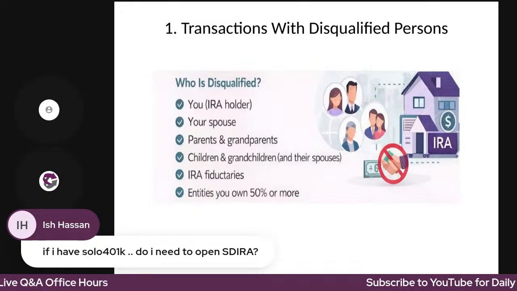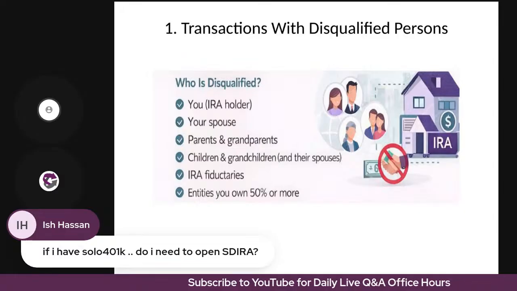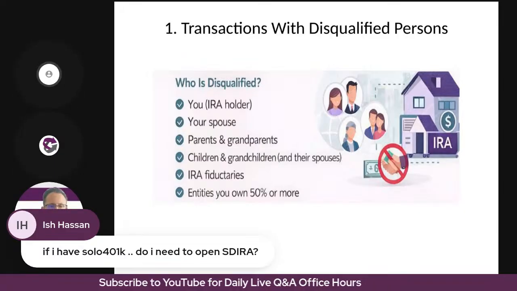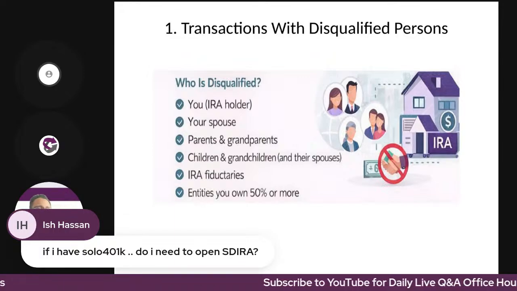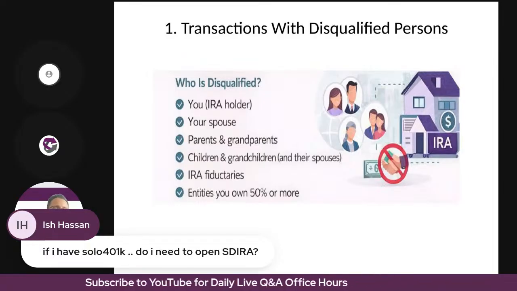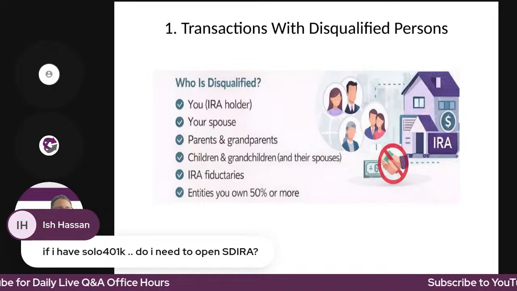However, it is good to know that a solo 401k can also be self-directed. As a matter of fact, a lot of the same prohibited transaction regulations that apply to a self-directed IRA also apply to a solo 401k plan.